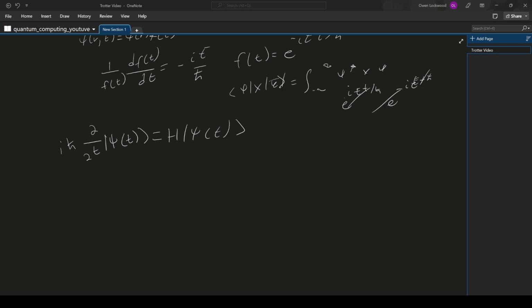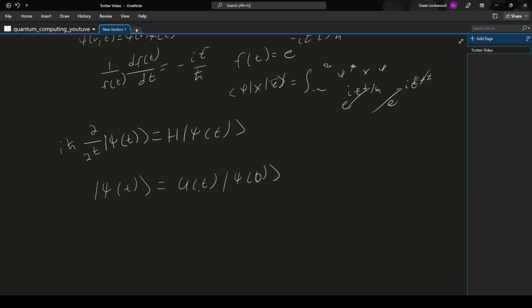If we go ahead and solve this out, we can see that our wave function at time t is equal to, of course, we need an initial condition to solve a differential equation like this, so we have our unitary operator of time.